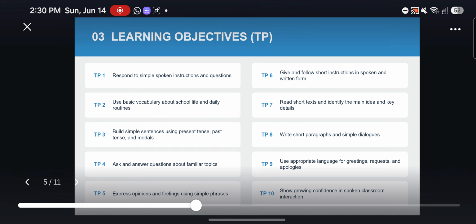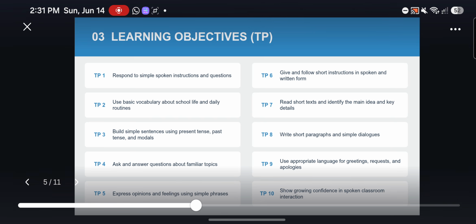Next, learning objectives. Now let's look at the learning objectives, or what we call tujuan pembelajaran, or TP. I developed 10 learning objectives in total. As you can see on this slide, they cover all 4 language skills: listening, speaking, reading, and writing.